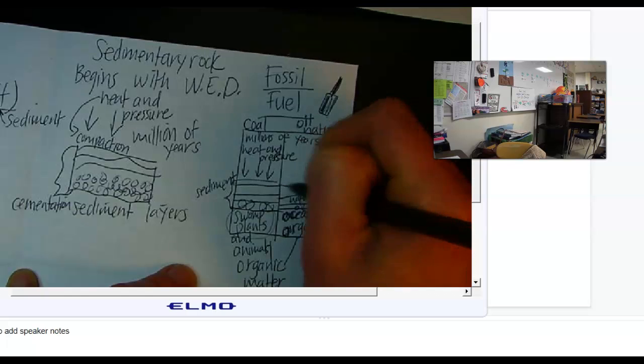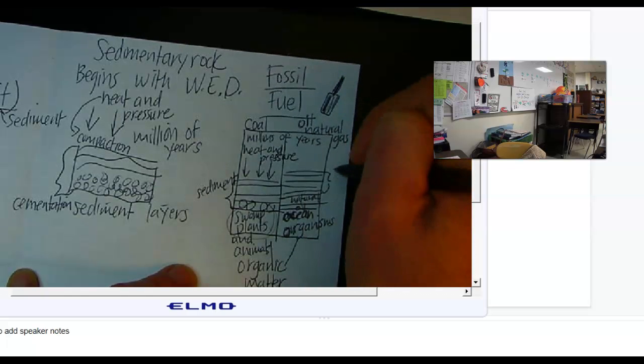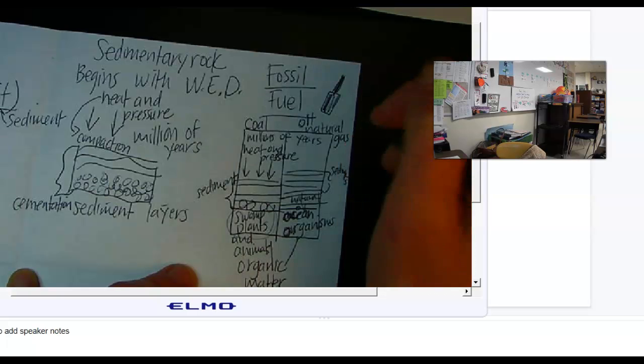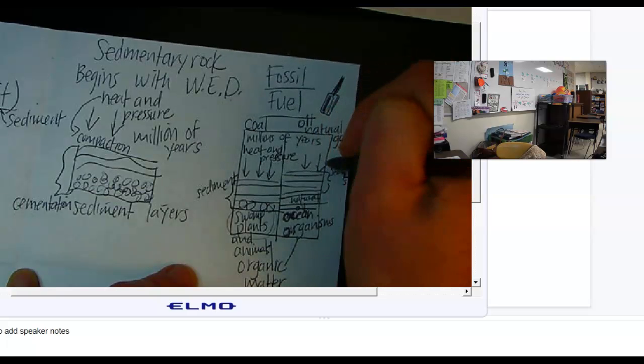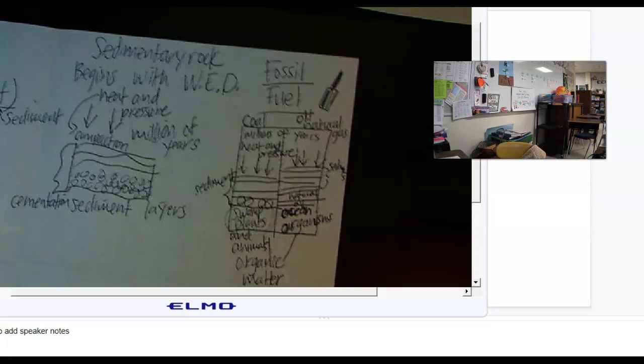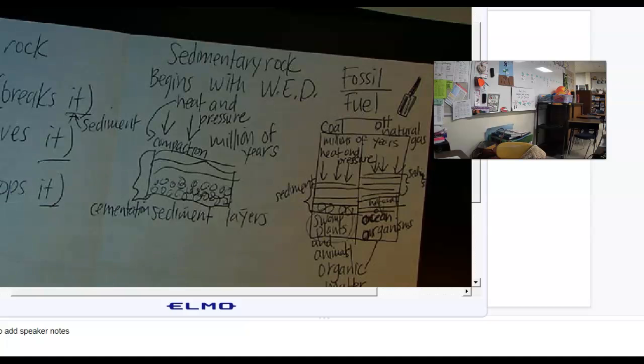And again, then we have layers and layers of sediment. And again, heat and pressure. That's what's going to form that fossil fuel. All right, we're going to go ahead and stop right there on fossil fuels.